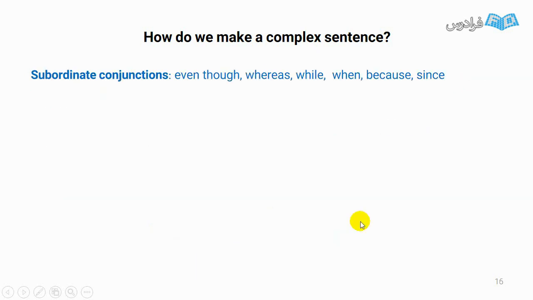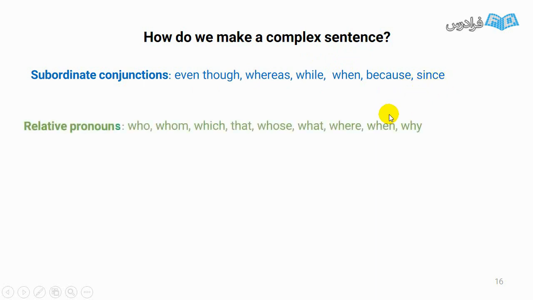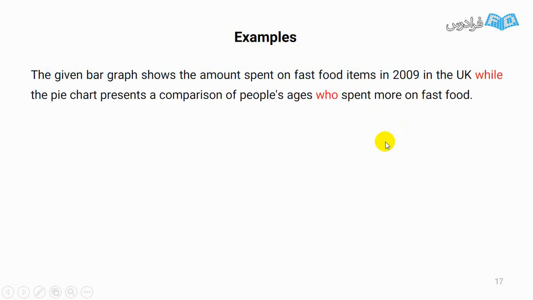Let's check what subordinate conjunctions are. Words like even though, whereas, while, when, because, since, and what are relative pronouns? Who, whom, which, that, whose, what, where, when, and why. Look at these examples.